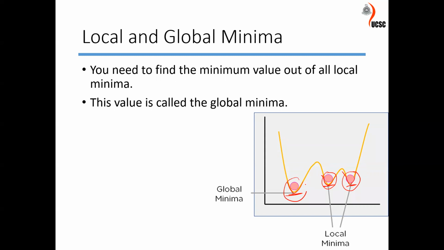The exact minimum is the global minimum, right? If you encounter a scenario like this, you have to find the minimum value out of these local minimas. Suppose you train several times and you get several minimums, in that case you should pick the global minima, that means the exact minimum of the function.